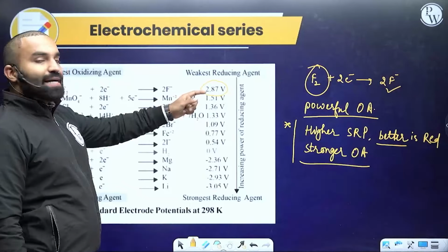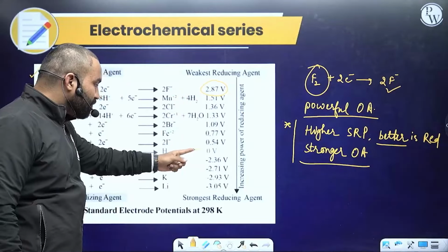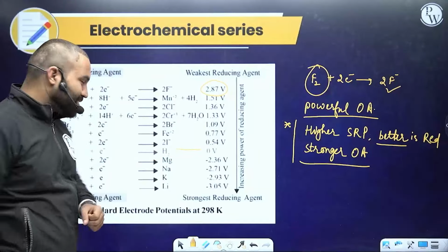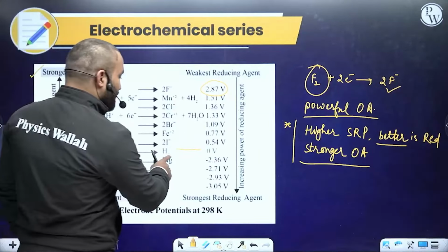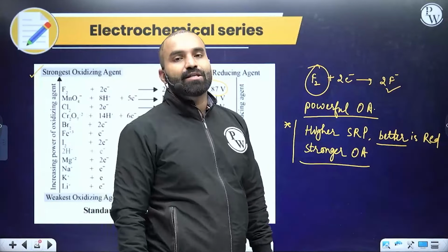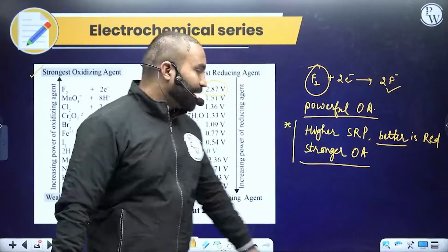So 2.87, and when you're moving negative, oh, there is a 0 also. For whom is it? For hydrogen, H plus taking up electron, becoming H2 gas, and that value is 0. Is it really 0? No, by convention, it is considered to be 0. All right.